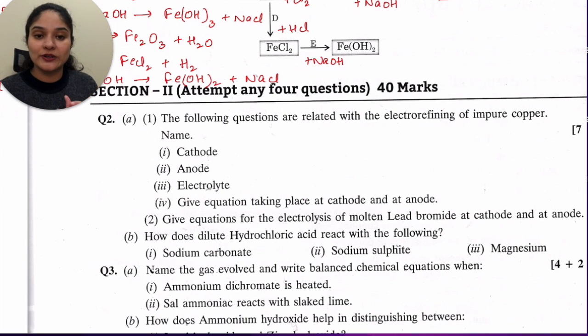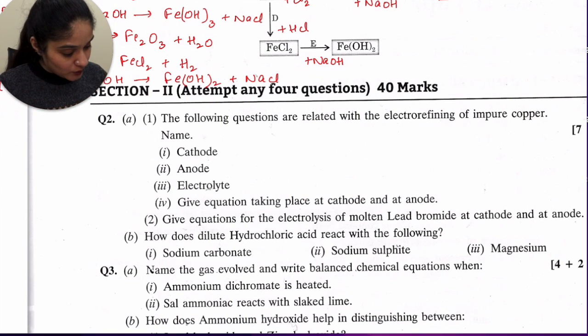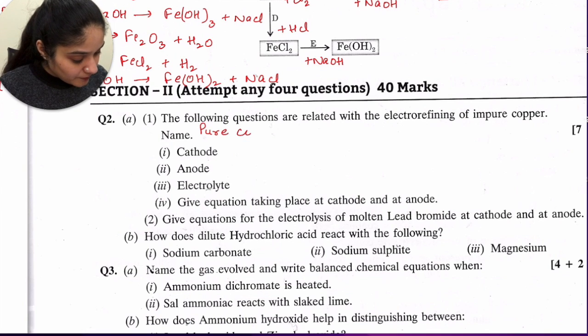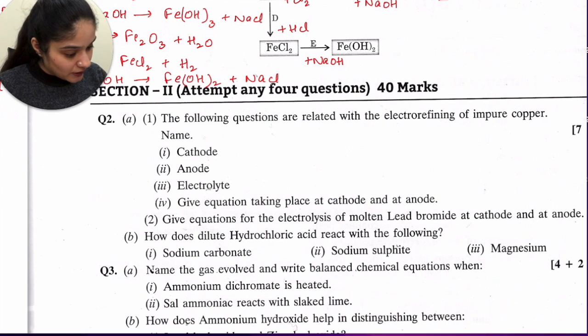The following questions are related to electrorefining of impure copper. So you're refining impure copper. Name what is at the cathode, the anode, and what is the electrolyte. Very simple. So at the cathode you have pure copper. This is the first part. I'm just trying to save space, so I'll write everything here.